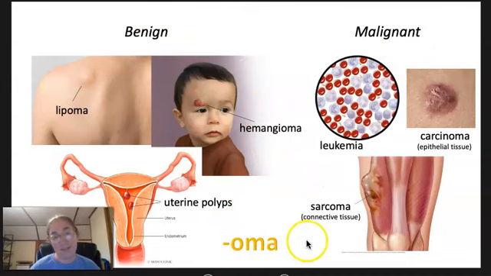All cancers are malignant. All cancers end in oma, with one exception, and those are the leukemias. Leukemia is a cancer of the blood, and emia means condition of blood. Leuco means white. So it's a condition of white blood. It was a historical name because of the doctor who first discovered leukemia and first described it.